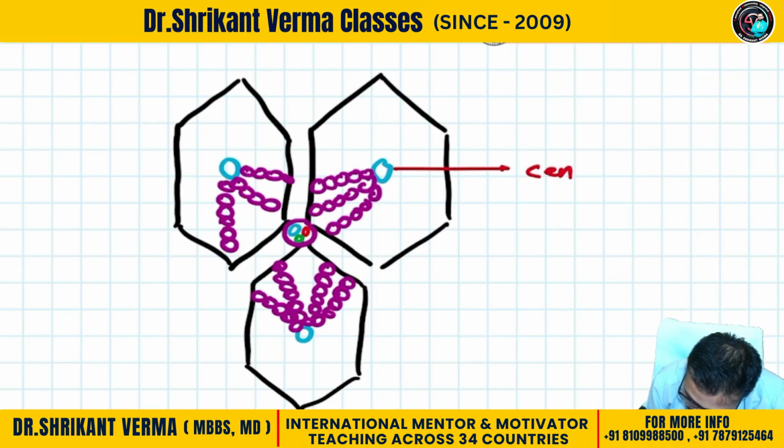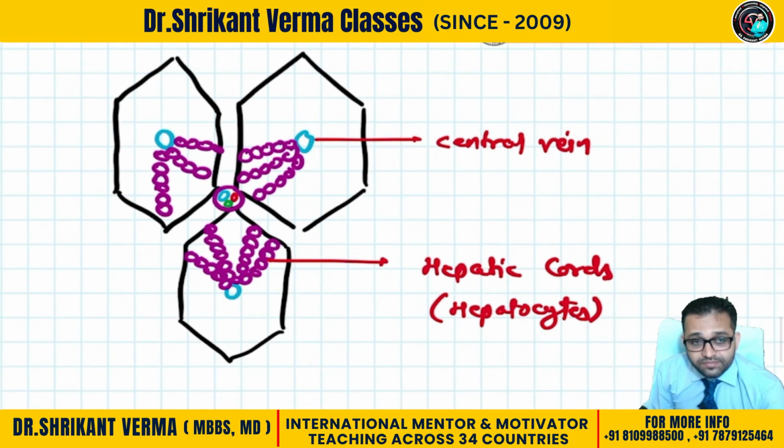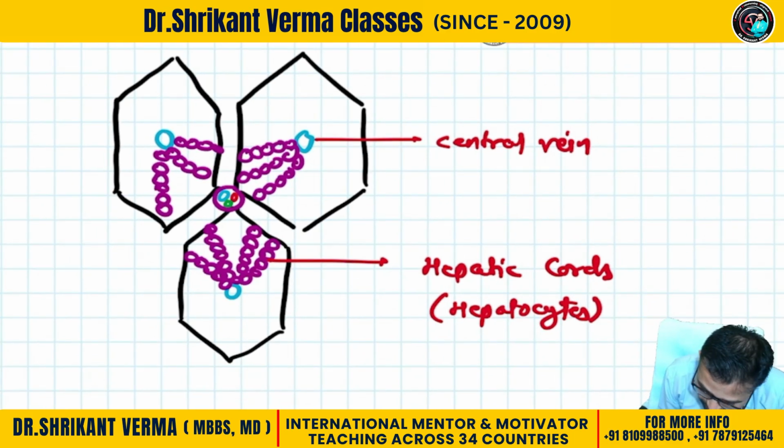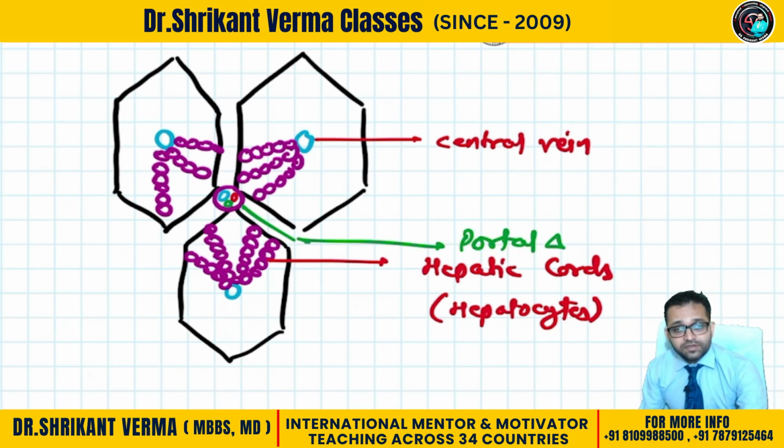This is the central vein. Here are our hepatic cords made by our hepatocytes. Okay, and here you can observe our portal triad.